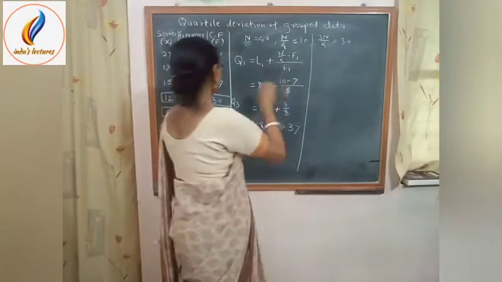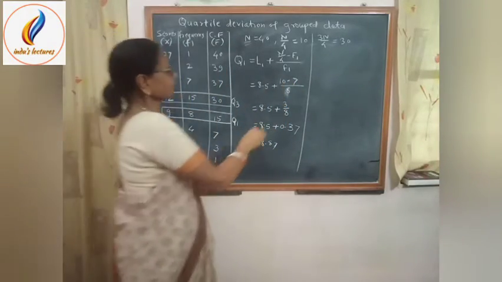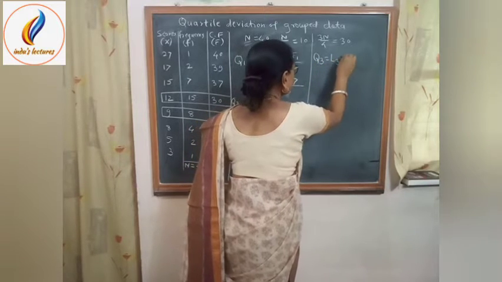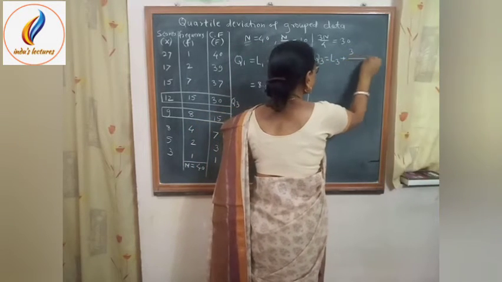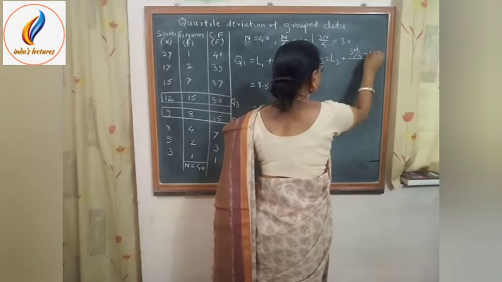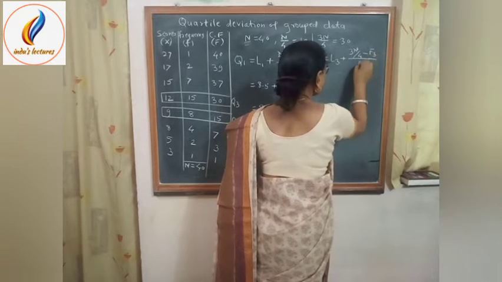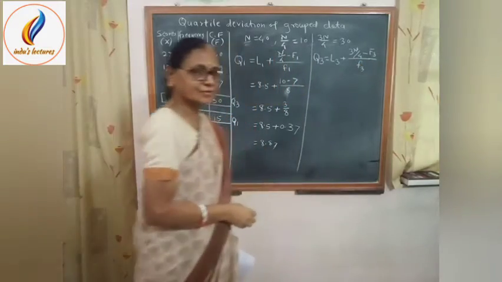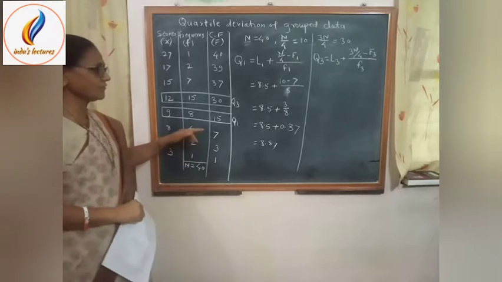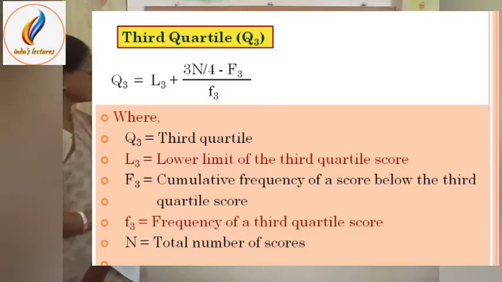So write the formula for calculating Q3. Q3 is equal to L3 plus (3n by 4 minus capital F3) upon small f3, where L3 means lower limit of third quartile score.